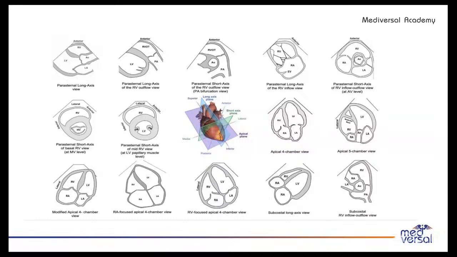This I have taken from an American Society of Echocardiography article. We have to image the parasternal short axis view of the RV outflow view, where we will see the RV outflow tract, and the parasternal long axis view of the RV inflow view. These are the different views where we have to image the right ventricle.